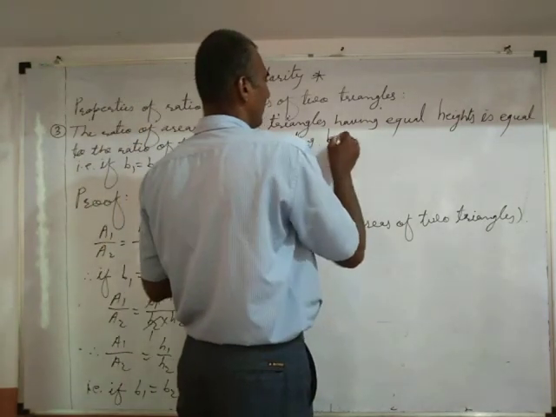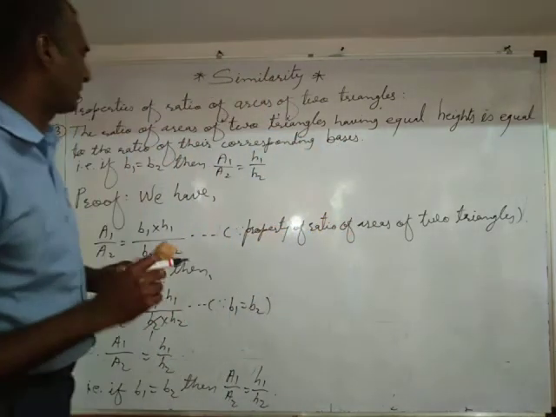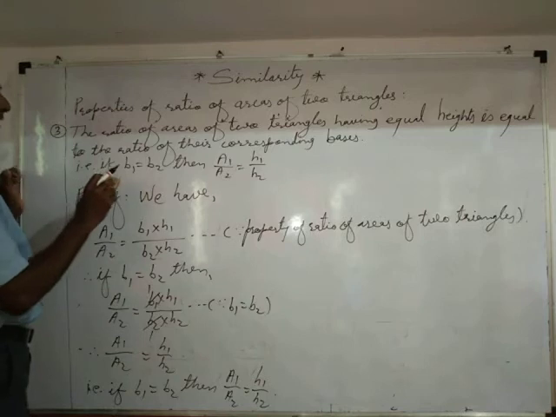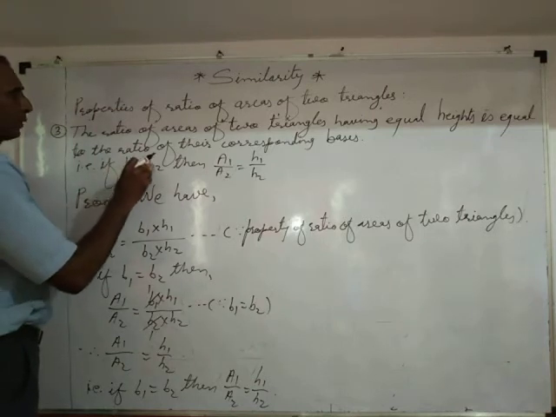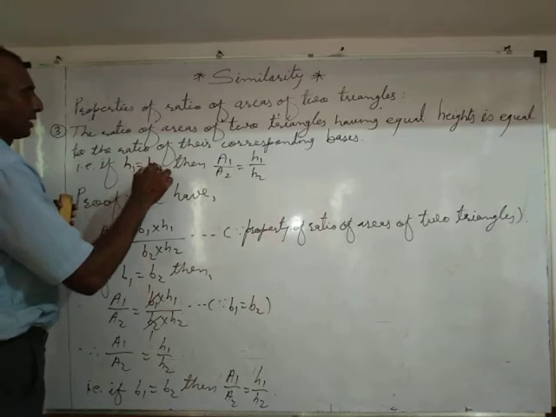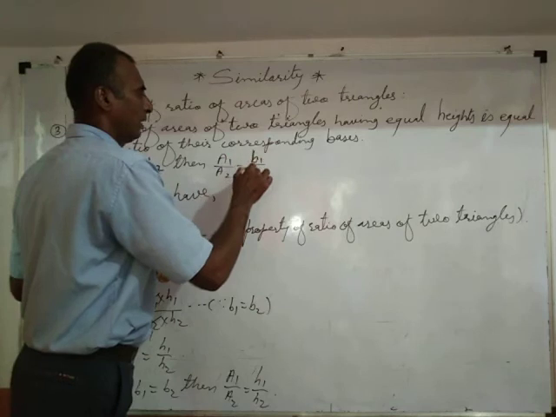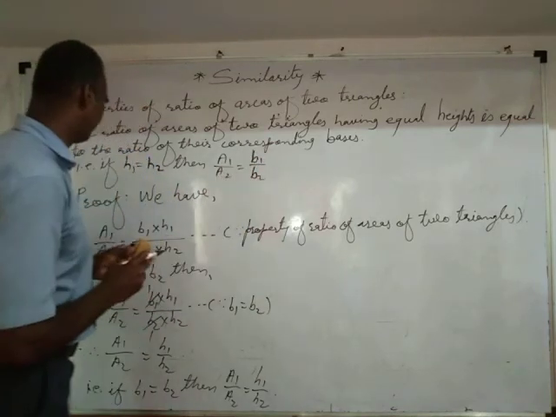As we have replaced heights by bases and bases by heights, we can write here that is, if H1 equals H2, then A1 upon A2 equals B1 upon B2.